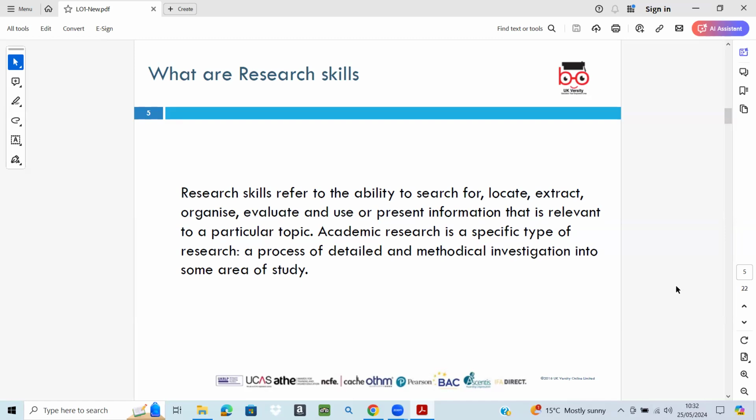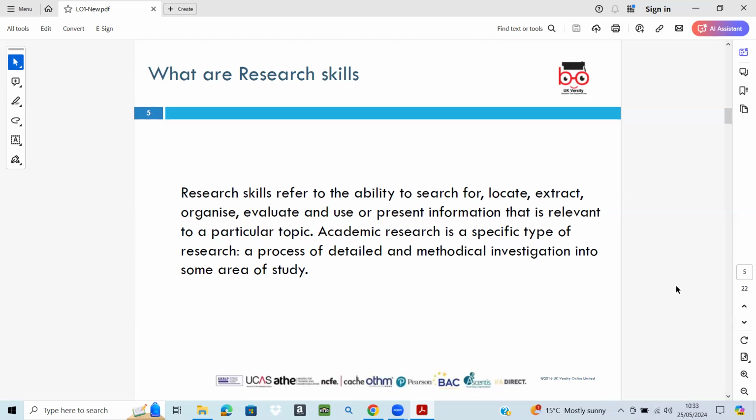So if we discuss the importance of research skills in academic and professional contexts, then academic research is a detailed and methodological investigation into a particular area of study, and it involves systematic data collection, analysis, and interpretation to contribute new knowledge or insights to a field.